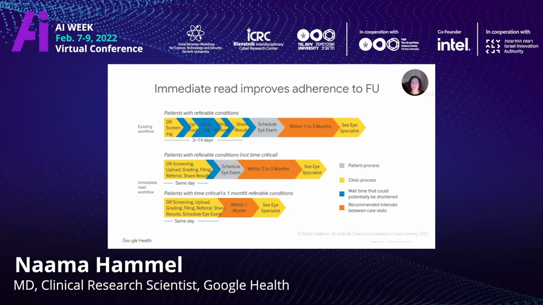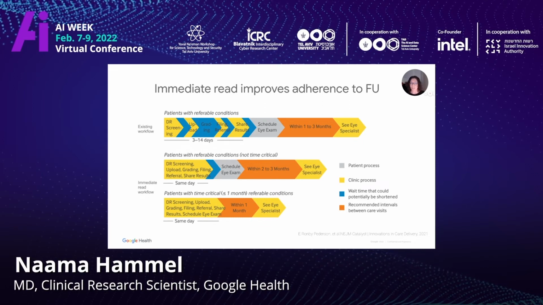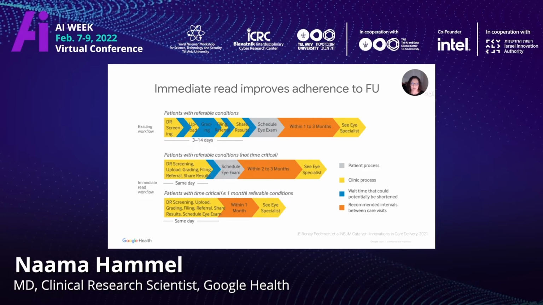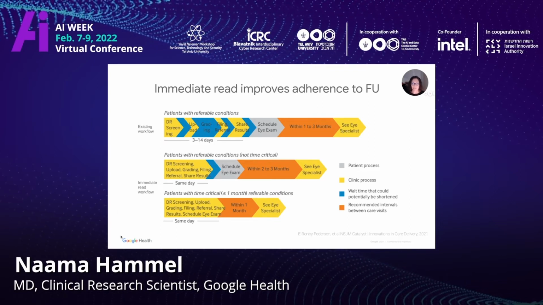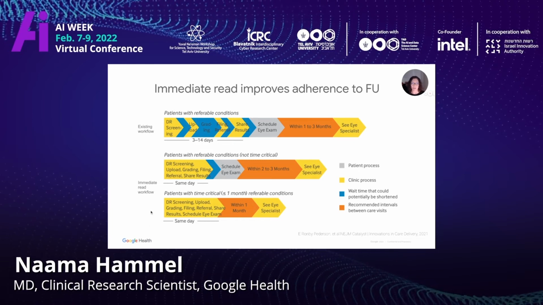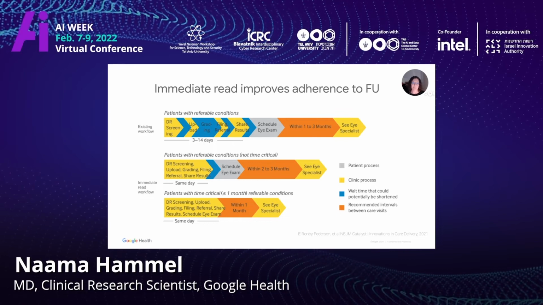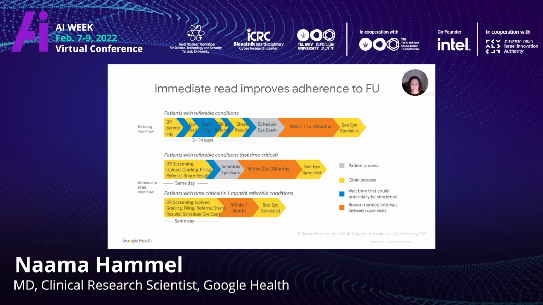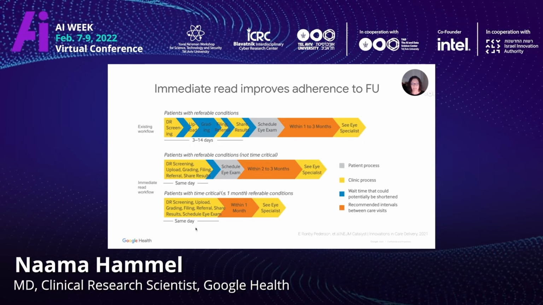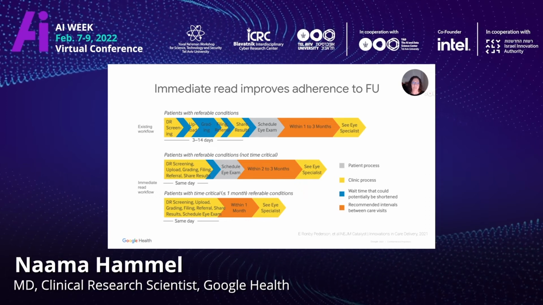And what we wanted to see was whether the fact that we give the answer on the spot actually improves people going and seeing the eye care specialist. So giving the results, sharing the results on the same day of the clinic visit, and scheduling an eye exam actually improved adherence for patients with referable conditions who are urgently needed to be seen by an eye specialist, from 35% to 72%.